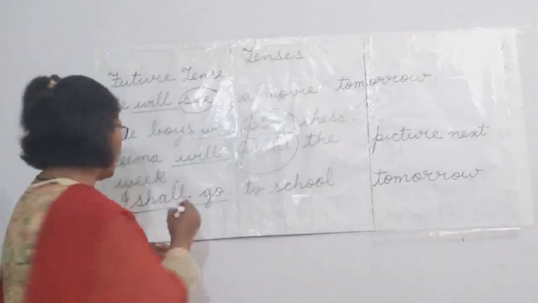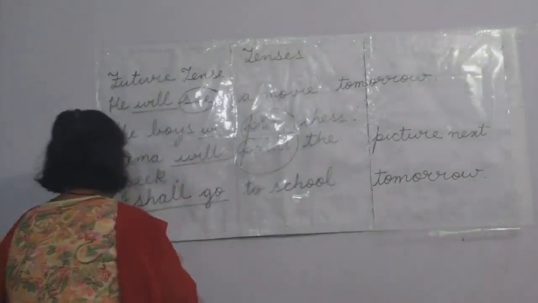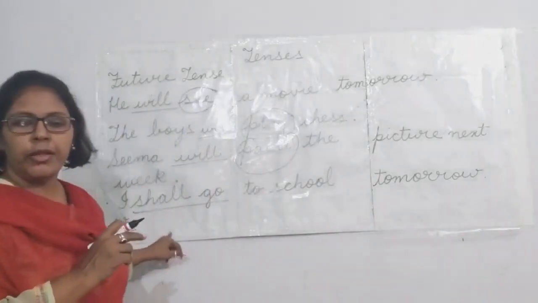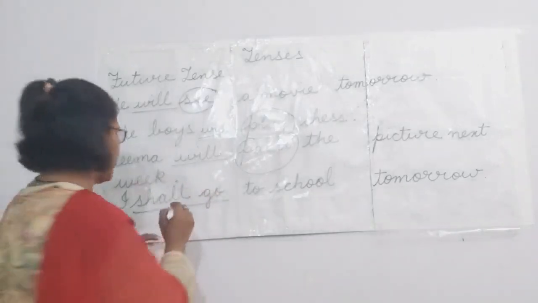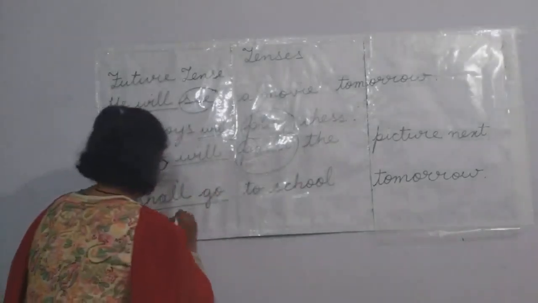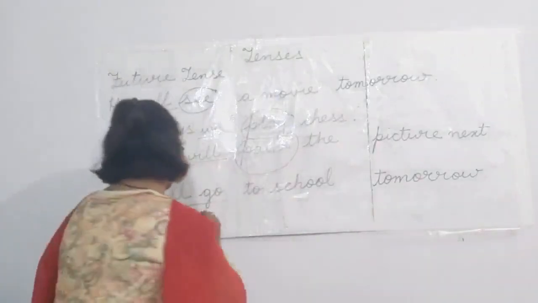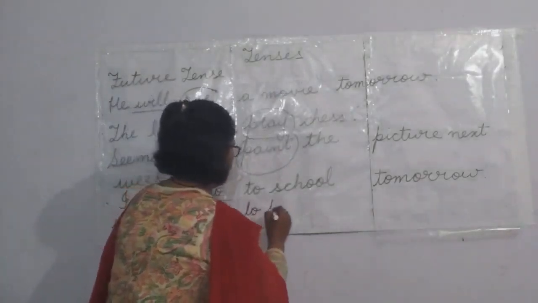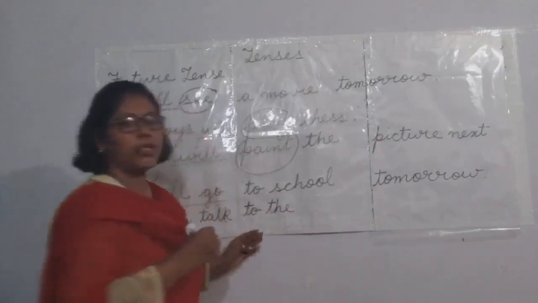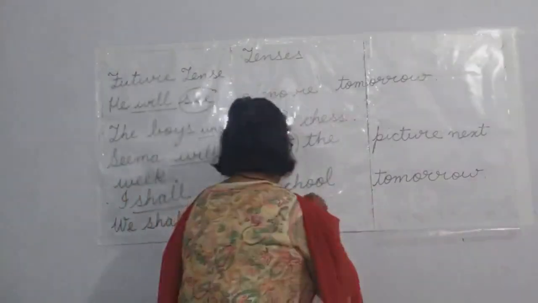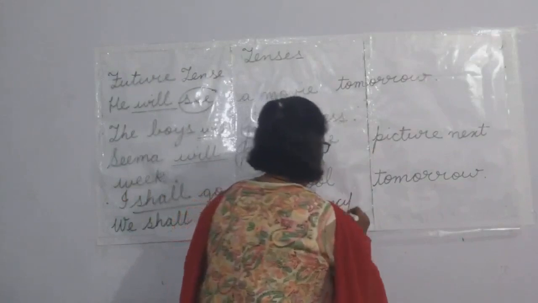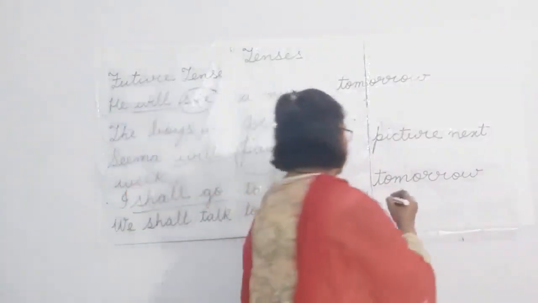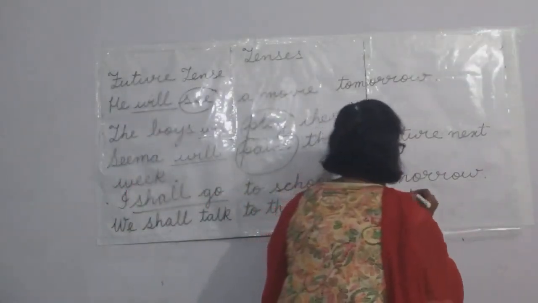One more. Now we. When we is also there, two pronouns like I and one more we, then we use shall. So we shall talk to the principal next week.